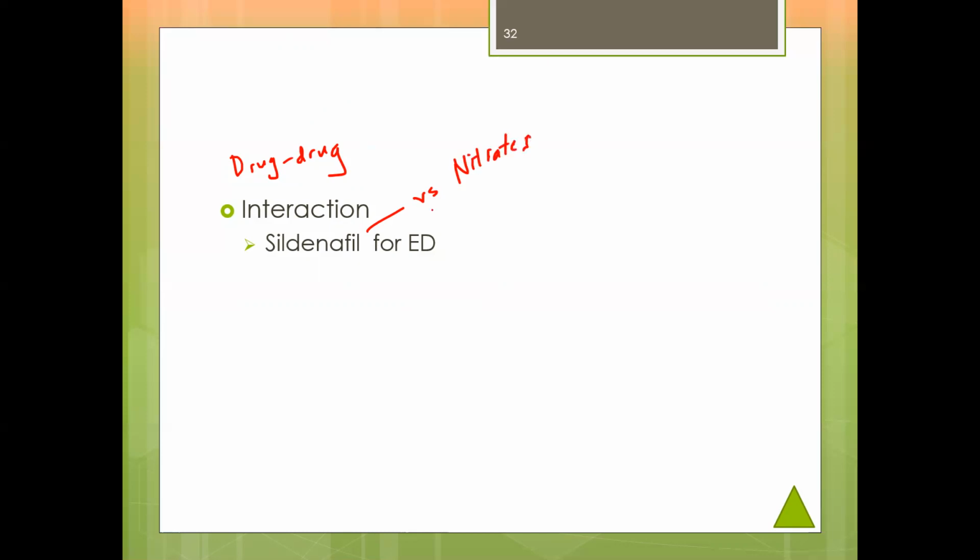So when some patients are on sildenafil for erectile dysfunction, their thing cannot become erect. It is called flaccid. Okay, so they need to be given sildenafil to make it erect. So this is a problem if they are on sildenafil and we want to start them on nitrates.